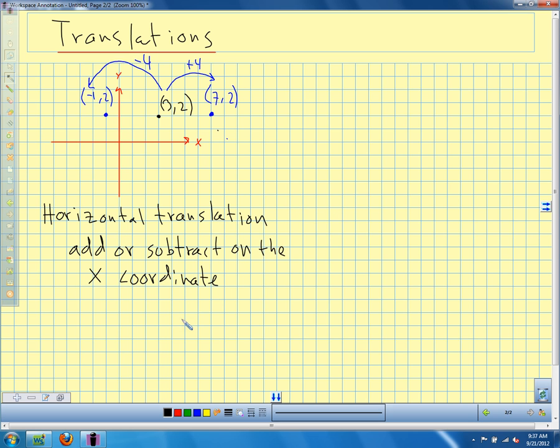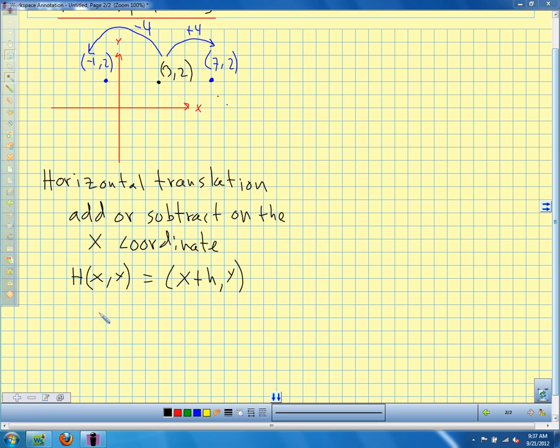And if I write this, we like to use symbols in math. So the way I would write this, I'm going to call my translation H. That's just the name of the translation. So H of (x, y), that's just saying I'm doing a transformation to (x, y). I'm going to say (x + h, y), and I'm adding or subtracting h units from the x coordinate.